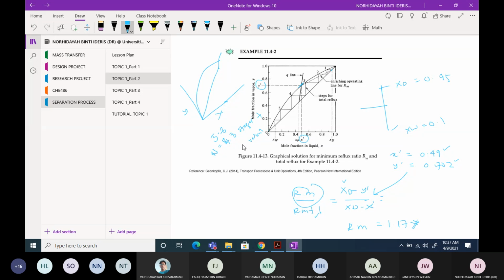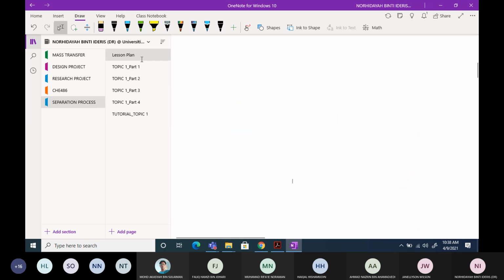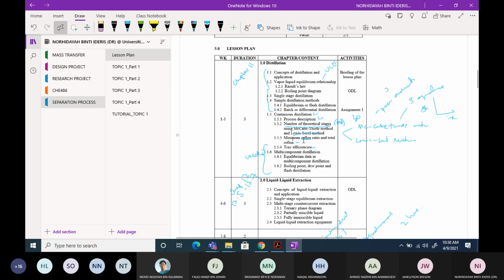Any questions so far before we end our topic of total reflux today? After this we want to look into topic 1 part 3. If you look at the lesson plan, we are going to cover 1.5.1, 1.5.2, 1.5.3.